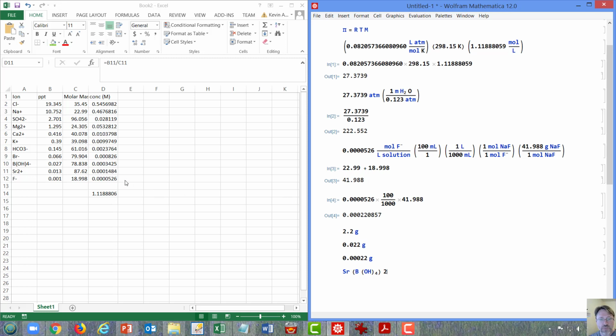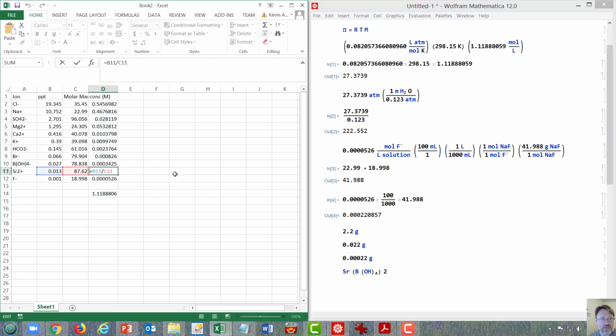Okay, so that means we need twice as much borate as we do strontium. So let us see if we divide that by 2, we have 0.171 molar of double that. This is the smaller of the two. So that means that we have a concentration of this amount of strontium borate in solution.